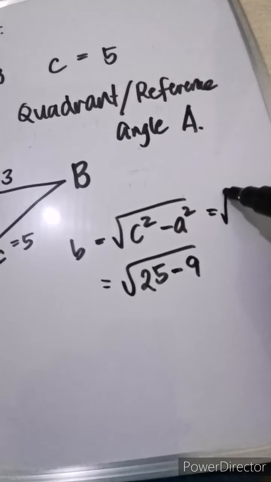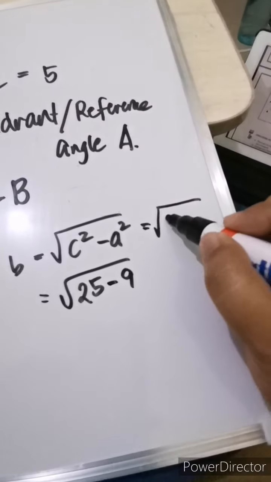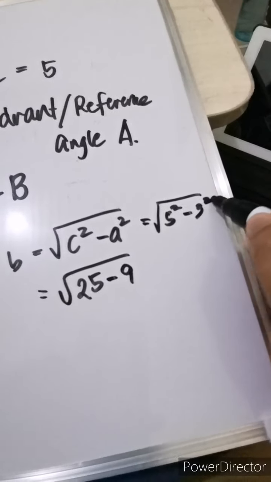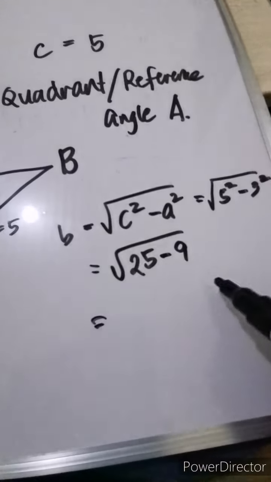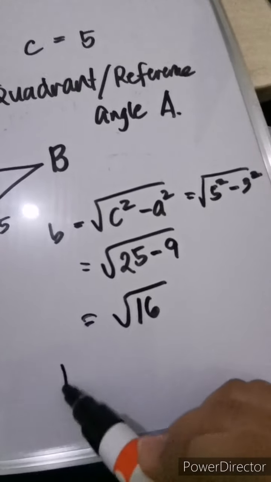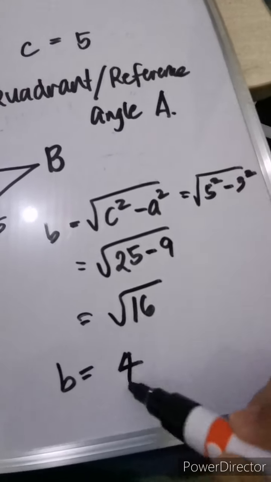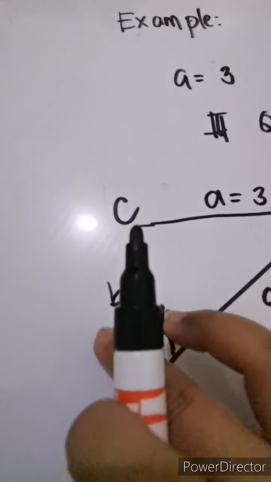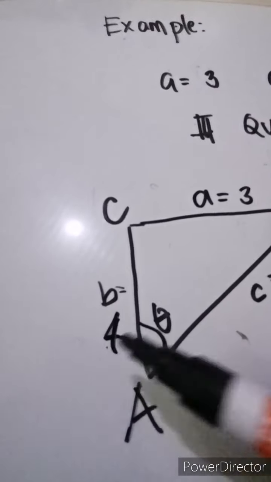Ilagay ko na rin dito para hindi malito. So, we have 5 squared minus 3 squared. Next, 25 minus 9 is square root of 16. And square root of 16 is 4. So now, meron ng value yung letter B, which is equivalent to 4.